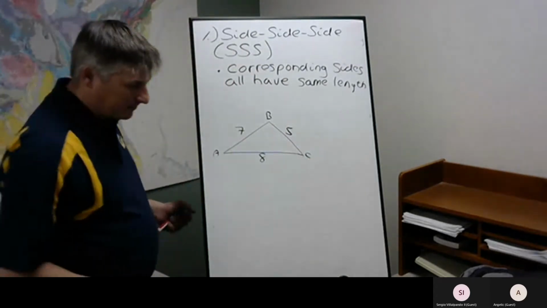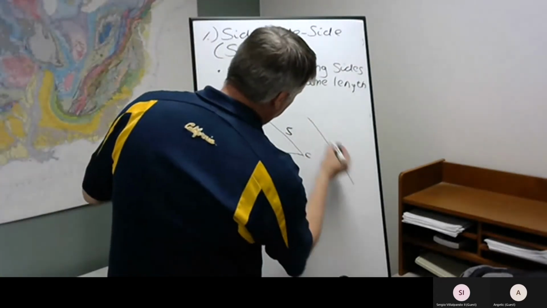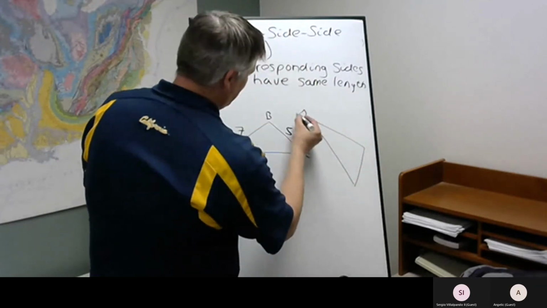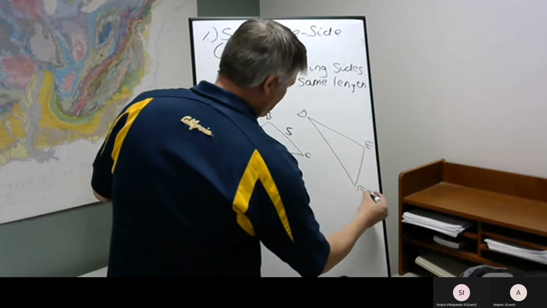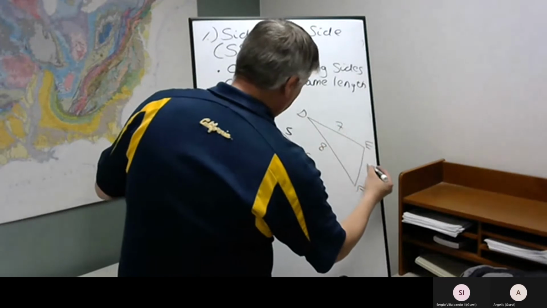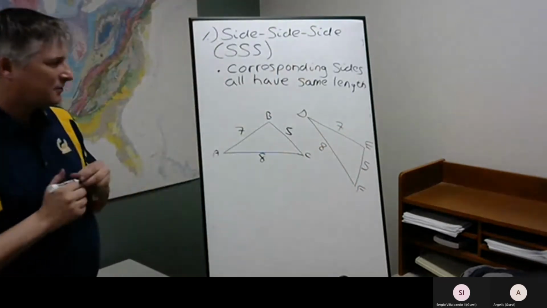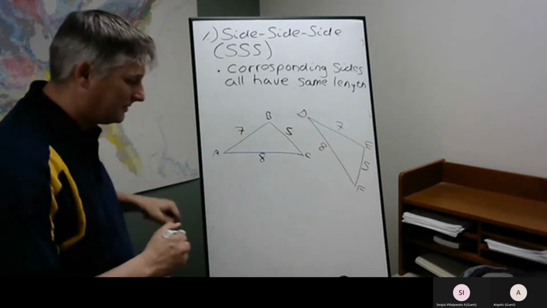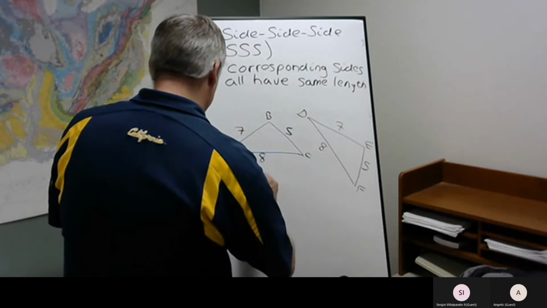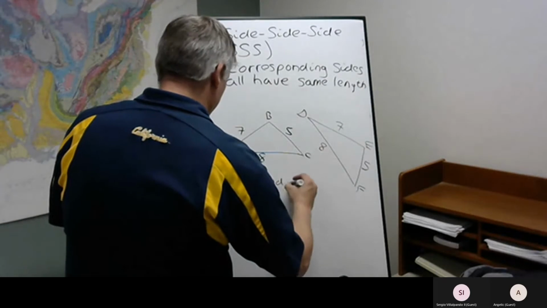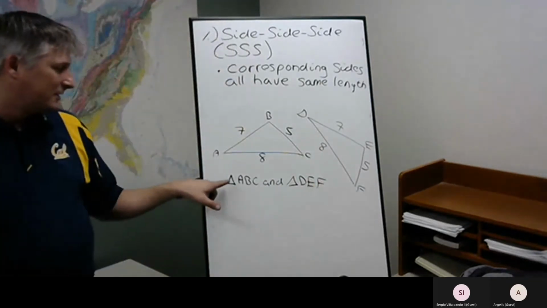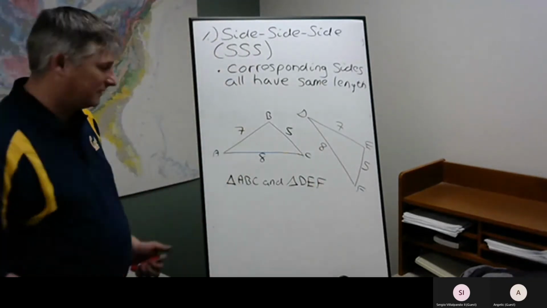And where this could be kind of helpful, you can have a slightly tipped over version. So these two triangles are congruent. I'm going to use an abbreviation for a triangle, the shape of a triangle instead of the word.